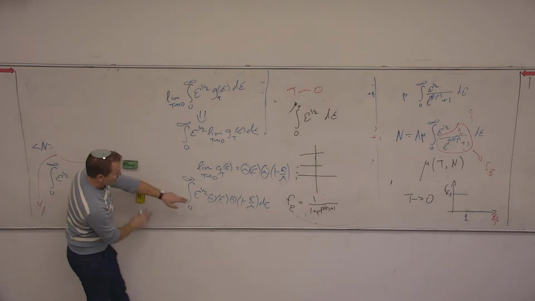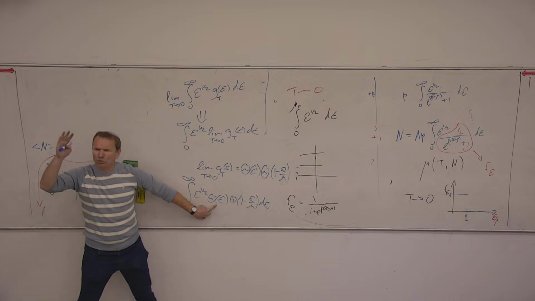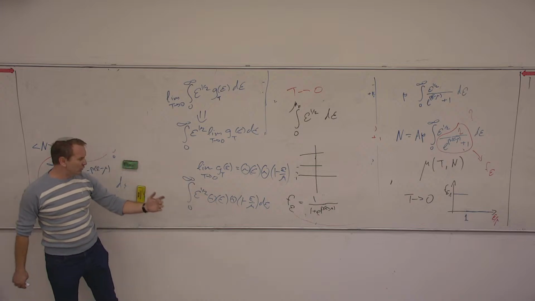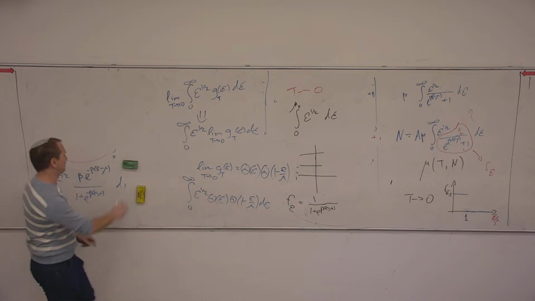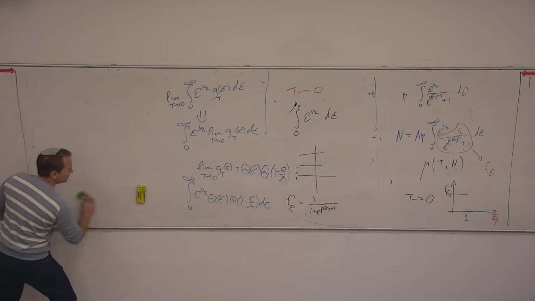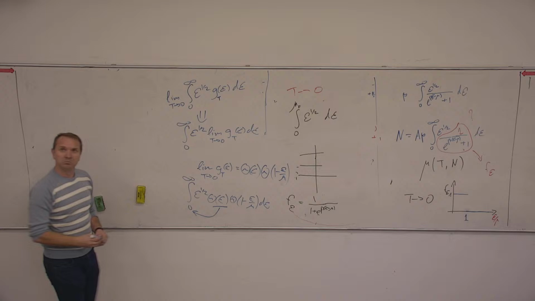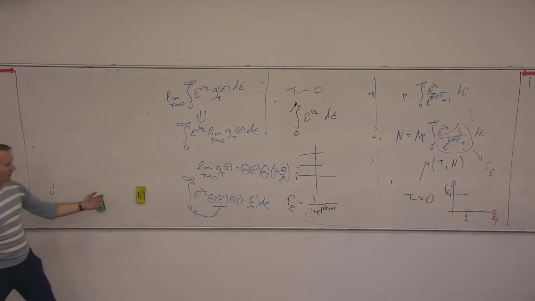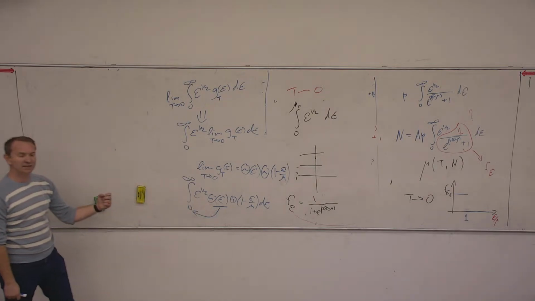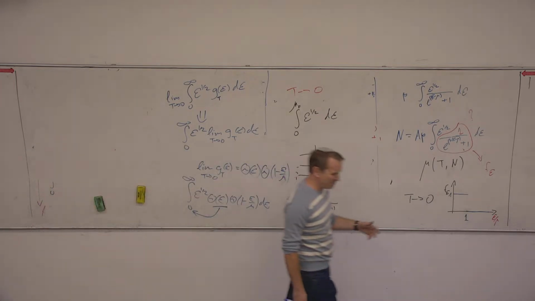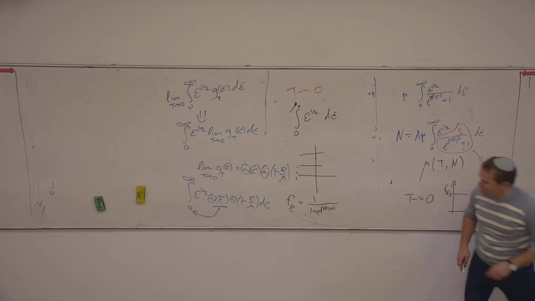Now, the next step is, whatever you always do with theta functions inside integrals, you get rid of them and look at the limits of your integration. This theta function simply says you cannot have negative epsilons, but we don't have them in the first place, so we don't care.